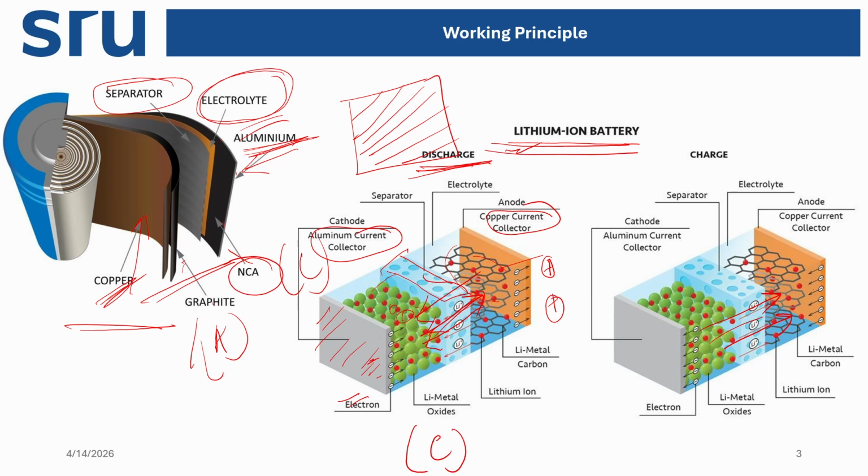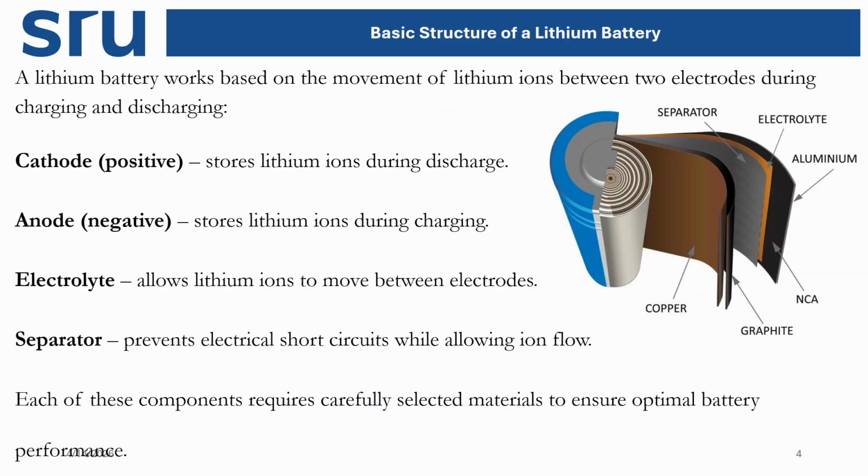Basically, what we are doing is making plus or minus on the two electrode sides. Then the lithium ion comes to one side, then again goes back. So only the movement of lithium ion is taking place during charge and discharge. That's how the reaction takes place in the lithium-ion battery.